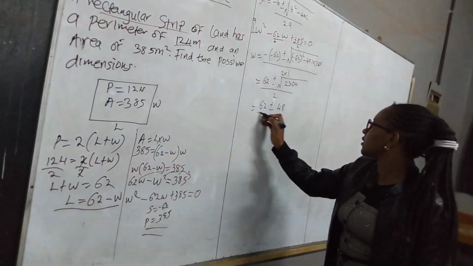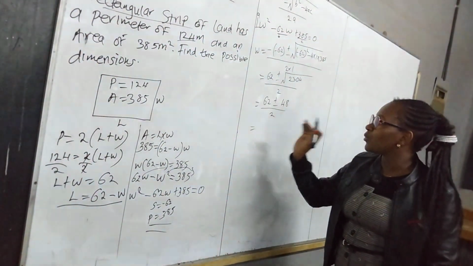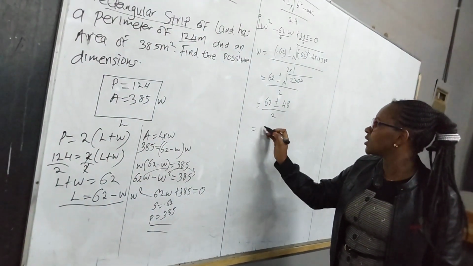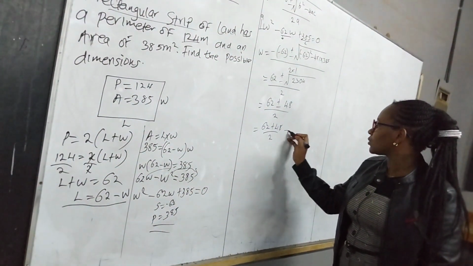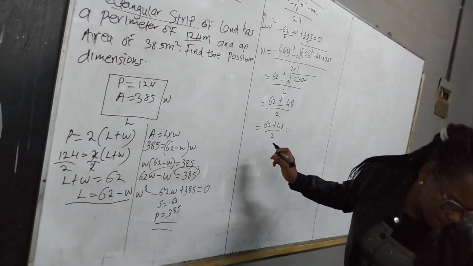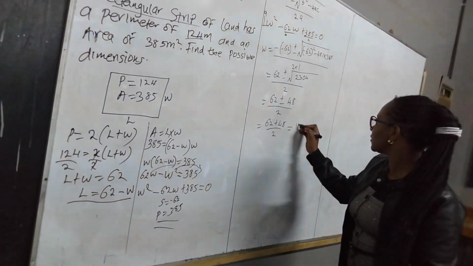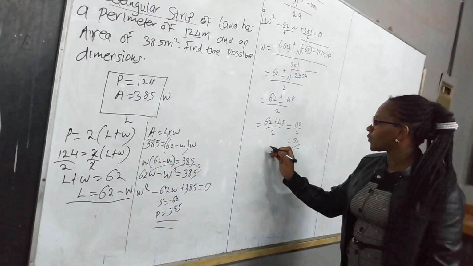Yes, 48, divided by 2. So for our possible values of W, we have 62 plus 48 divided by 2. This is 110 divided by 2, and our answer is going to be 55.